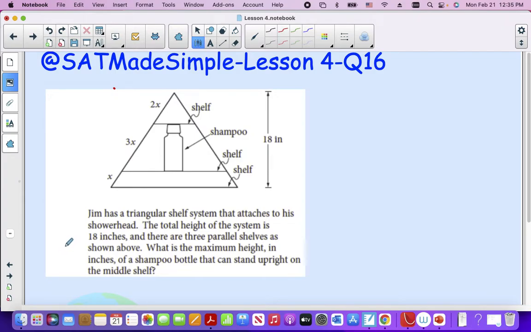Similarity of triangles: we said two triangles are similar if I can establish the corresponding angles are the same.